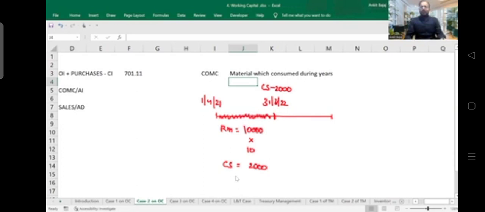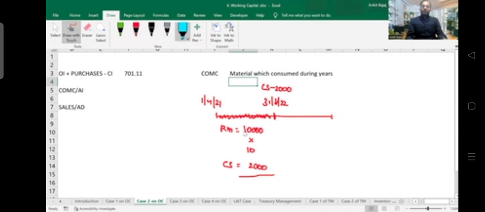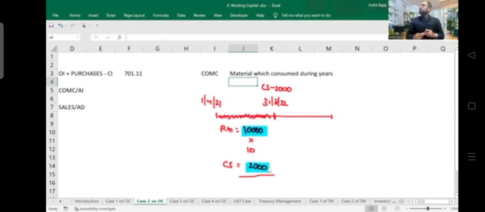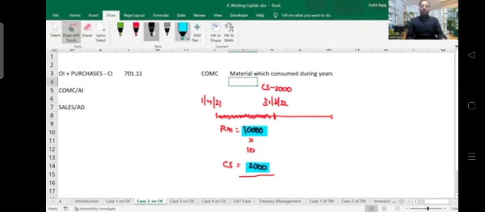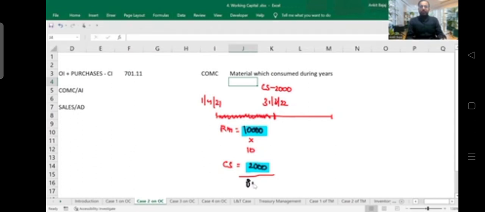Give me the answer. Here only purchase is given: purchase is 10,000 units and closing stock is 2,000 units. So you have consumed 8,000 units during the year, right?